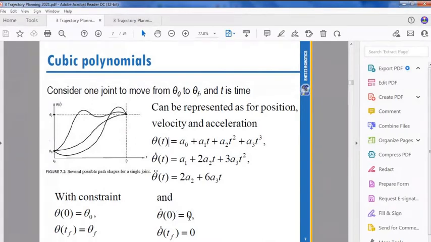This is a fact. And then when your robotic arm is at the final position, the velocity at time final is also 0 because you do not move. So starting you do not move, so the velocity is 0, and at the final your robotic arm does not move, so your velocity is also equal to 0.